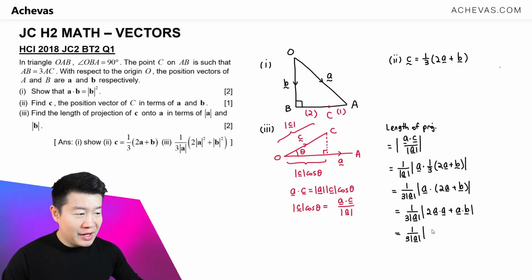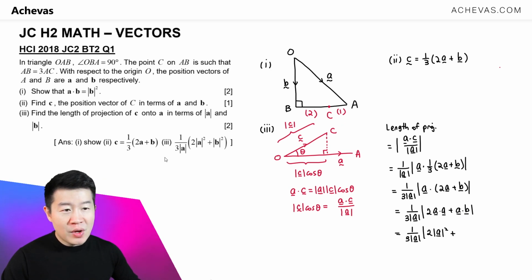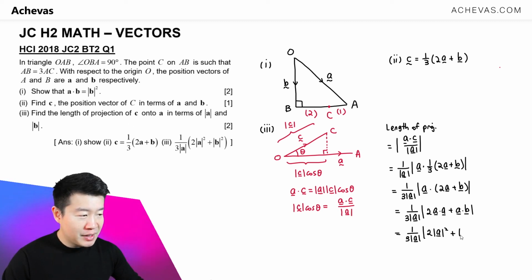It is modulus of A squared. So we have 2 modulus of A squared plus A dot B. A dot B we have actually derived in part 1. We have shown in part 1 that A dot B is modulus of B squared. So I'm going to replace this by modulus of B squared.